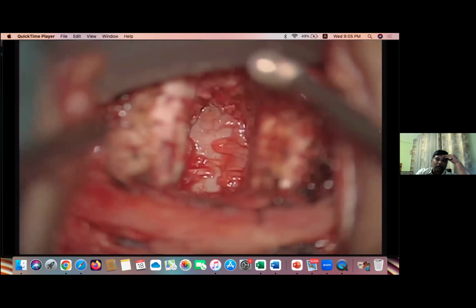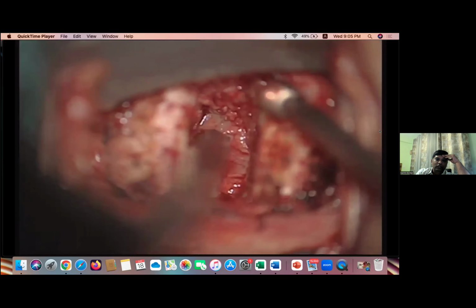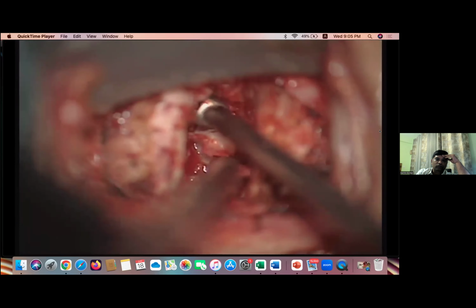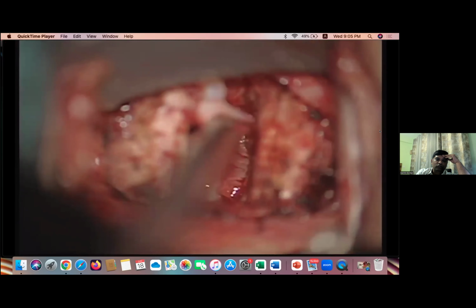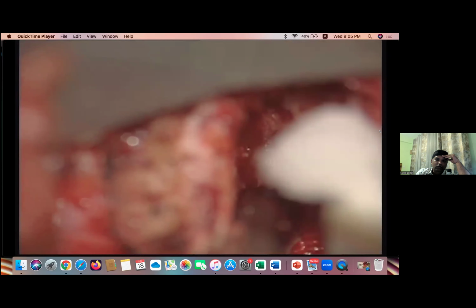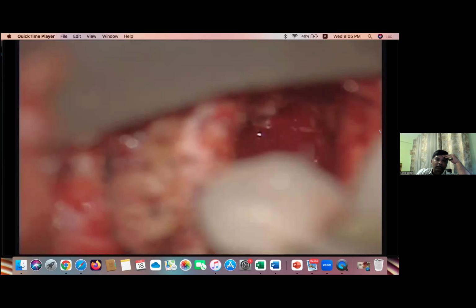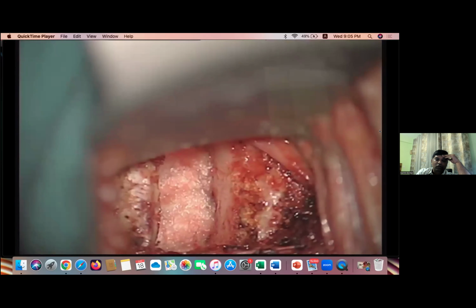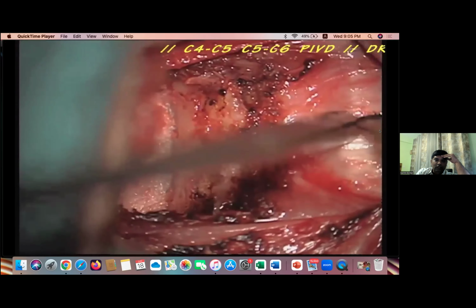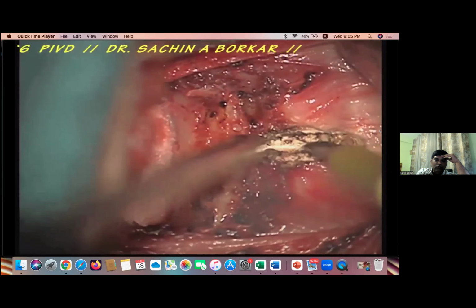You can appreciate this curette, and the disc which is attached to the end plate has to be removed. The semicircular movement of the curette is important. It should not go towards the cord. At times, there can be bleeding after decompression because of the epidural venous plexus which was being compressed. You can pack it with a small Gelfoam and then go to the next level.